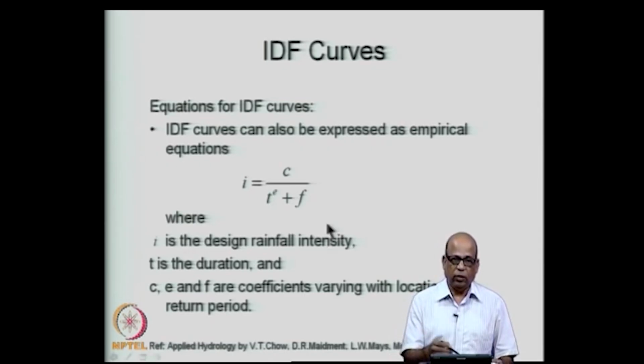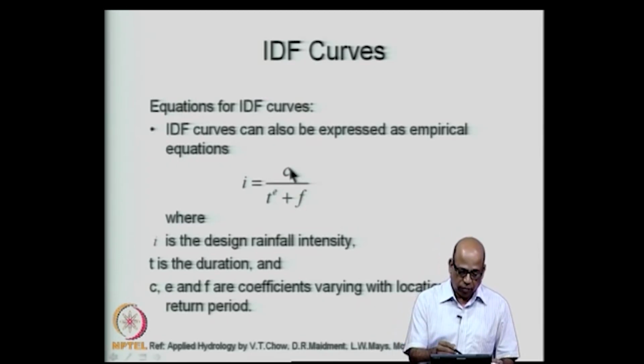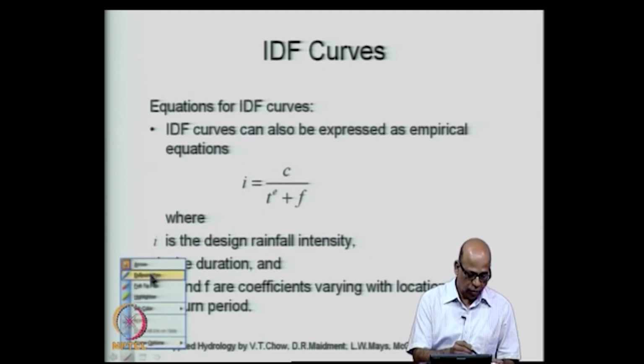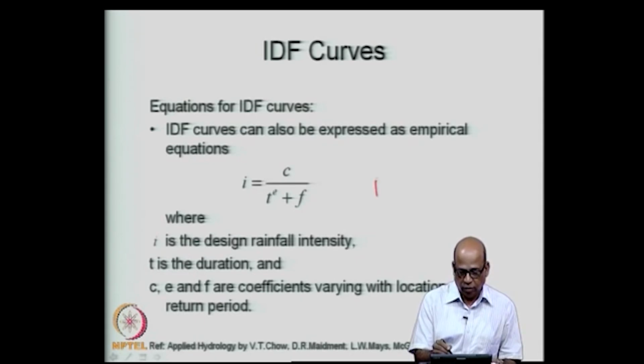Now, there is a modification proposed also by Chow and Maidment, where it includes the return period explicitly. For example, it can be written with another constant here, I is equal to C T to the power m over (t^E + F).